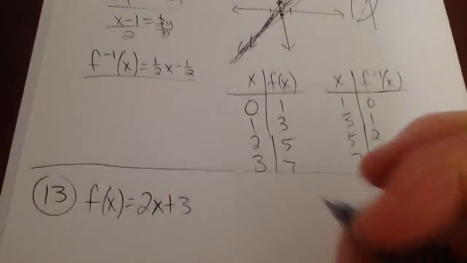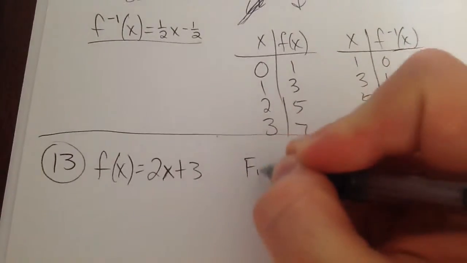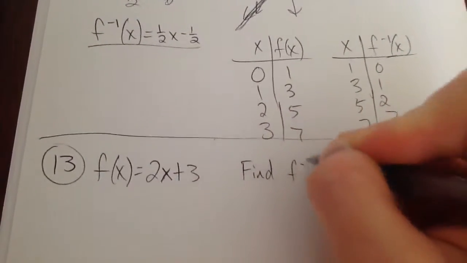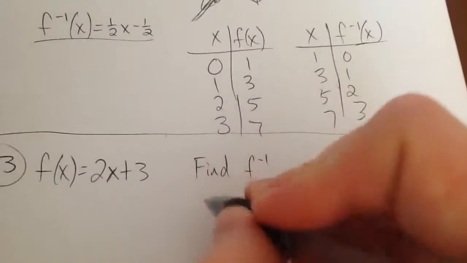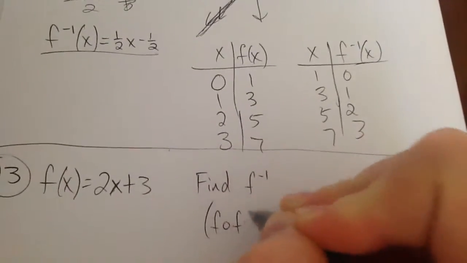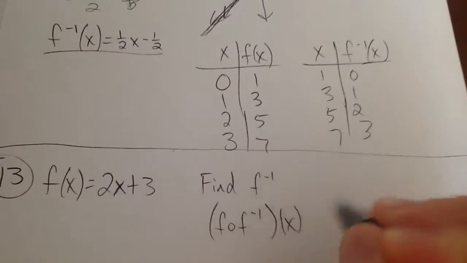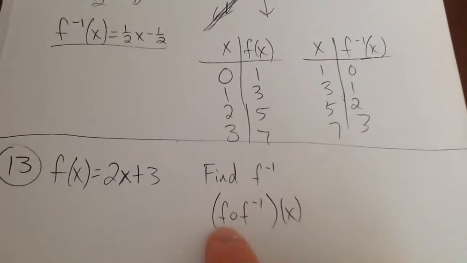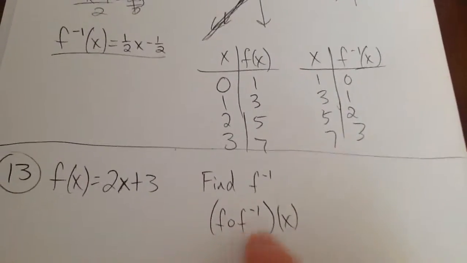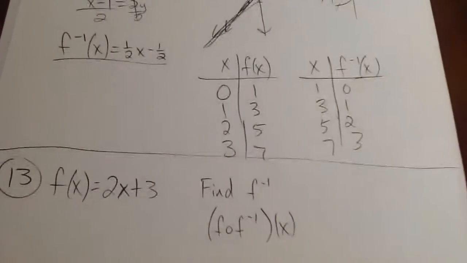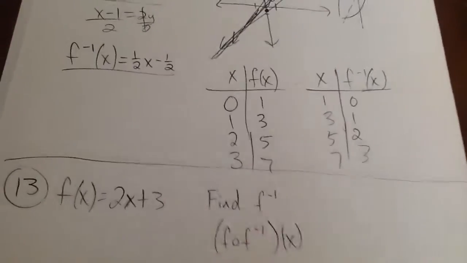So we got that. It says find the inverse and then verify that it is the inverse by doing a composition of functions. And I think we talked about if you compose the original function with the inverse, your final answer should just be x, if they're inverses of each other.